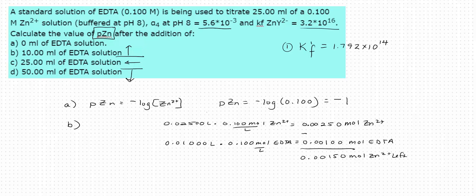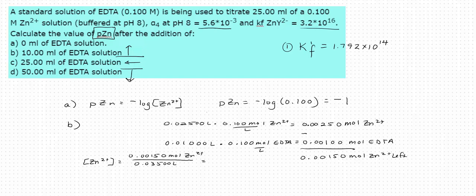So I need to use those moles and my total volume at this point to find out my concentration. So the concentration of zinc at this point, I have 0.00150 moles of zinc and a total volume of 25 plus 10 or 35 milliliters. Convert that to liters.